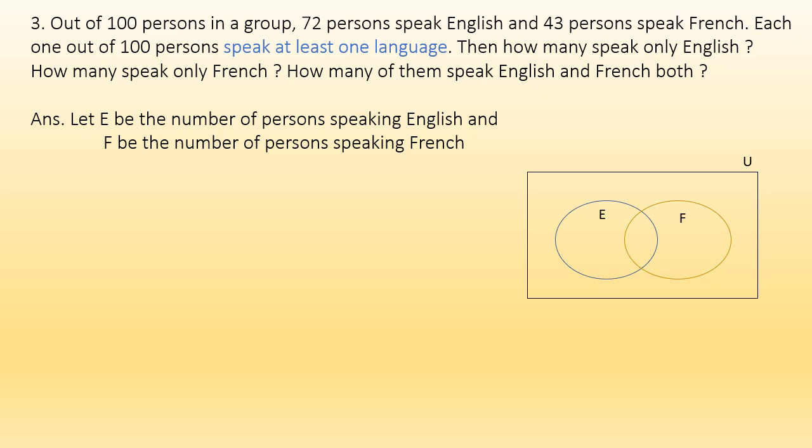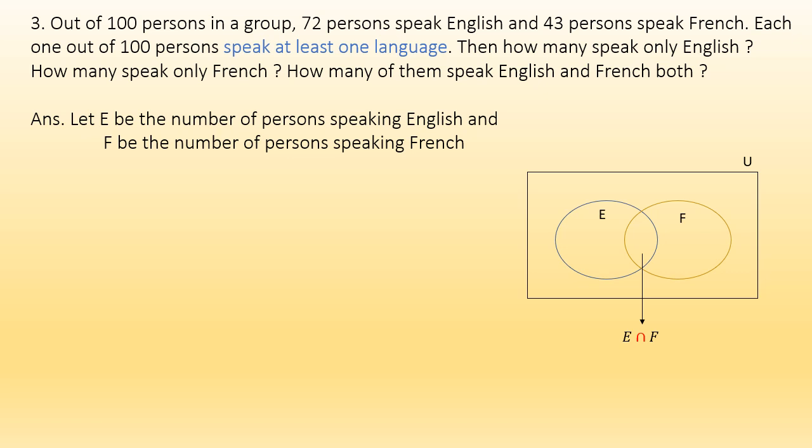So this term represents intersection of two sets. So here we have E intersection F, which is the middle part. Let's go ahead.